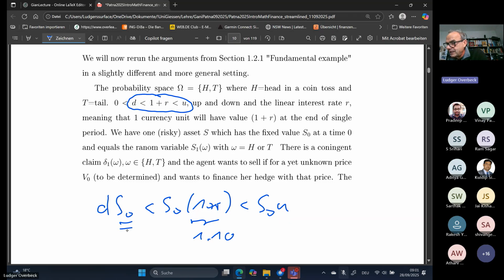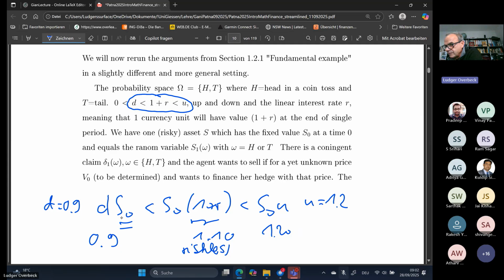Under this condition, U must be 1.20, U 1.2 and D 0.9. So this means in returns or in percentages, in a bad scenario, if you invest in a risky asset, it will give you less return than the risk-less return. That's the risk-less, like the bond, as I said.